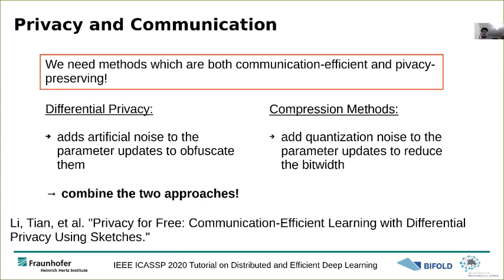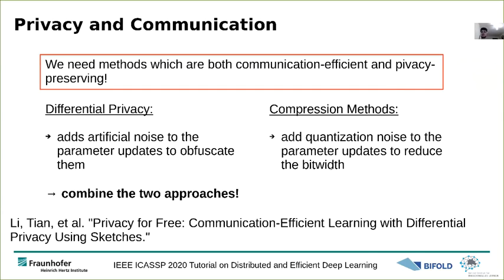An interesting new avenue of research that has just recently come up is this intersection between differential privacy and compression methods. Because if you think about it, differential privacy adds artificial noise to the parameter updates to obfuscate them, while compression methods add quantization noise to the parameter updates to reduce the bit width.